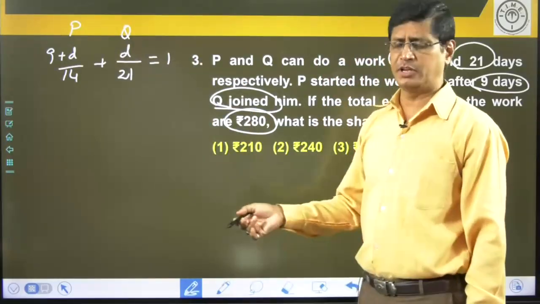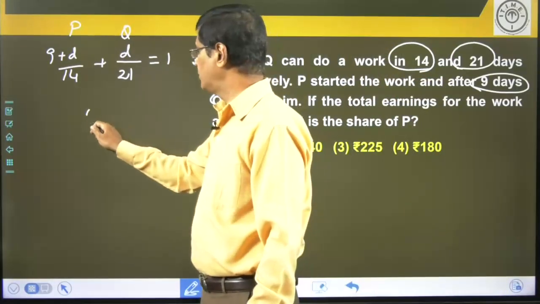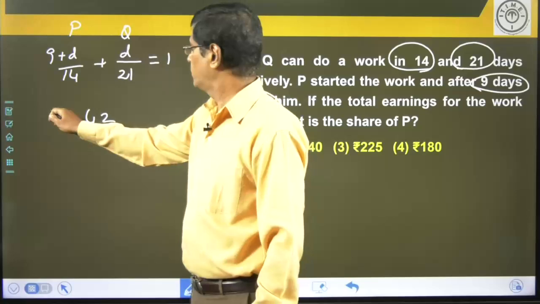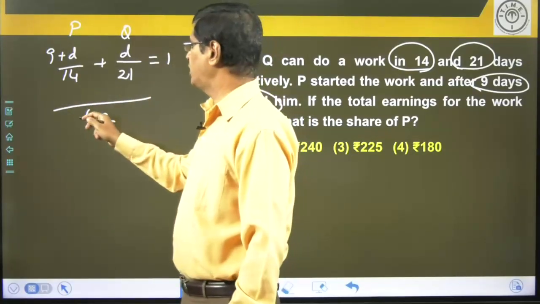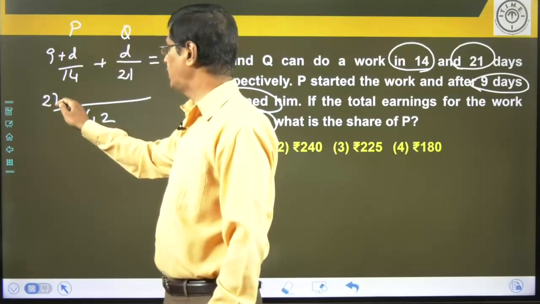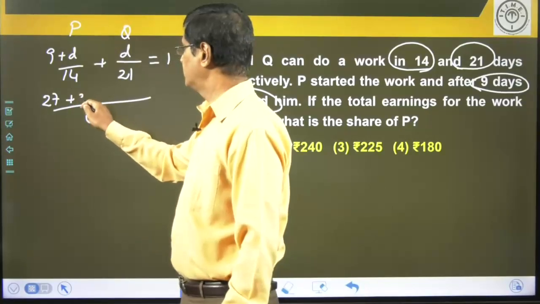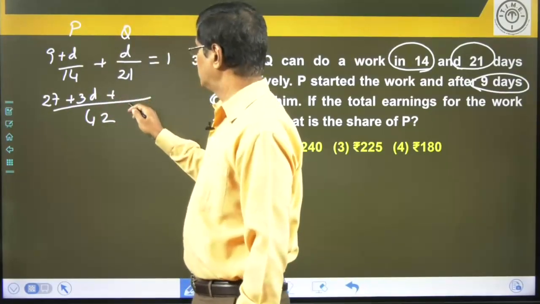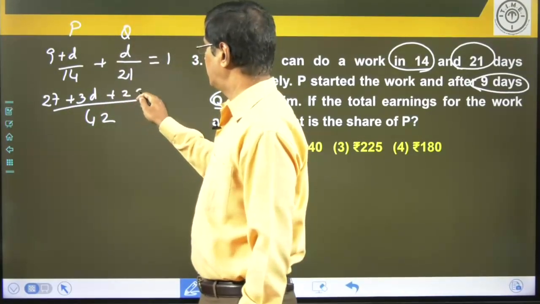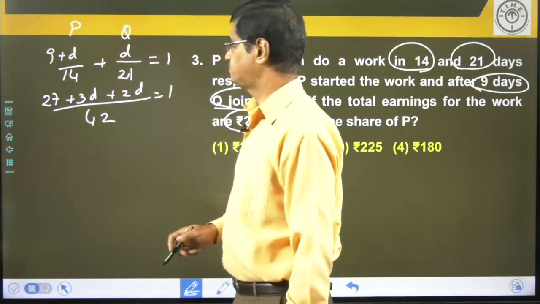Simplify, of course, by using LCM. What is the LCM here? 42. 14 goes how many times? 3 times. So, 3 times of the numerator, 27 plus 3D, plus 2 times of the 21, that is 2D, is equal to 1.